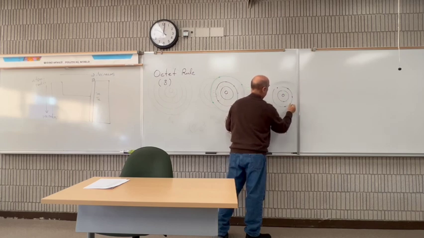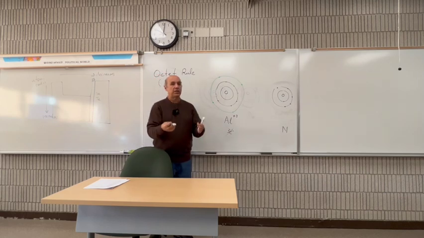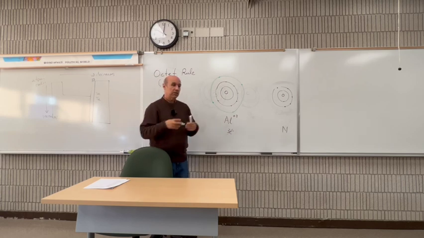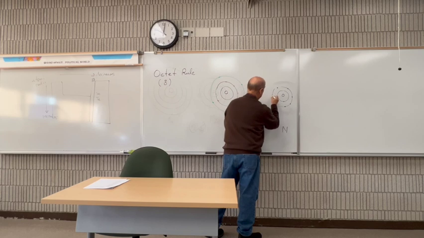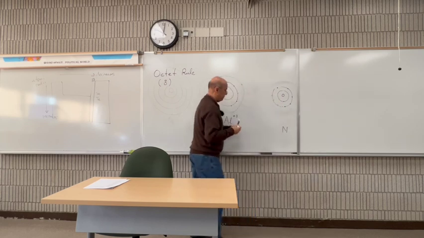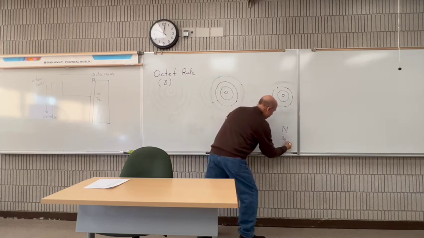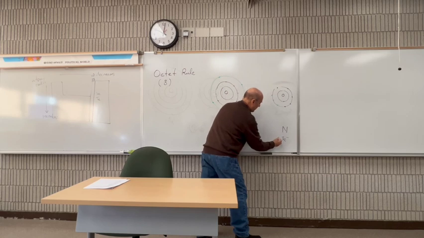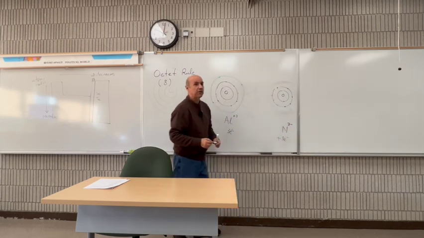It can do two things: lose 5 electrons, which I hope you see is less likely, or gain 3 electrons, which is more likely. So if it picks up 3 electrons, 1, 2, 3, it now has an octet. So we're picking up 3 negatives, which makes this nitrogen atom have a charge of 3 minus, negative 3.